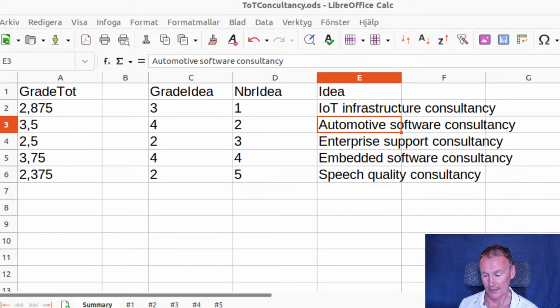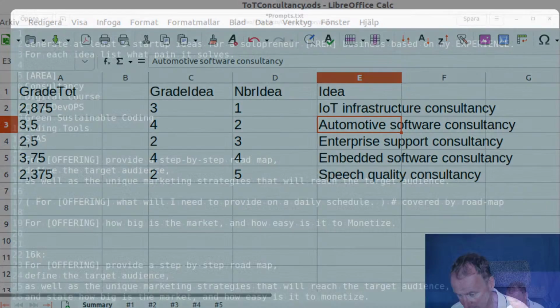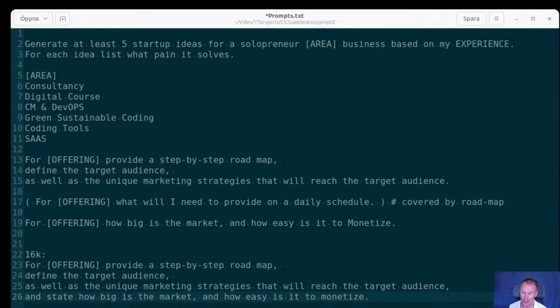Okay, I think that is everything I'm looking into. Let's see, where's my prompt? I will move on from this one and look at the other areas. This was just a consultancy area.